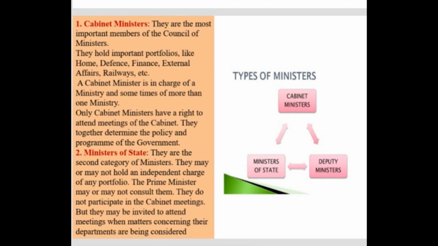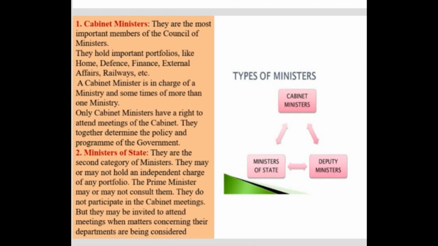So there are very important ministries which are like foundations to the country's governance. Like you take home minister, defense. So they're all very important. Such key ministries or portfolios or positions will be given to the cabinet ministers. As we have discussed, these cabinet ministers are senior-most party leaders.